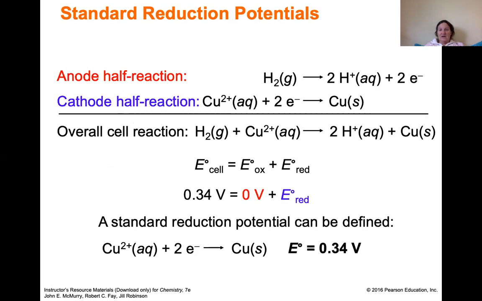And so when we look at the reaction we looked at a little bit earlier, if the cell's measured potential is 0.34 and one of the half reactions is the hydrogen electrode, then we can say that the copper picking up electrons has a reduction potential of 0.34.